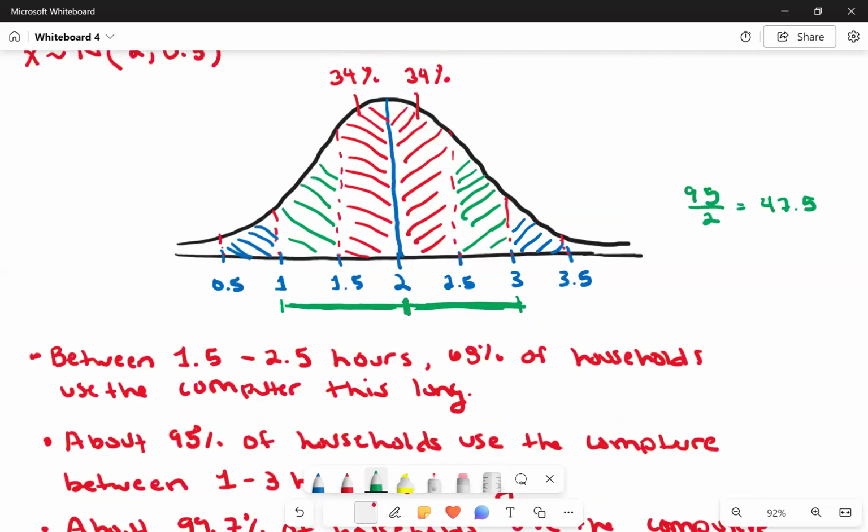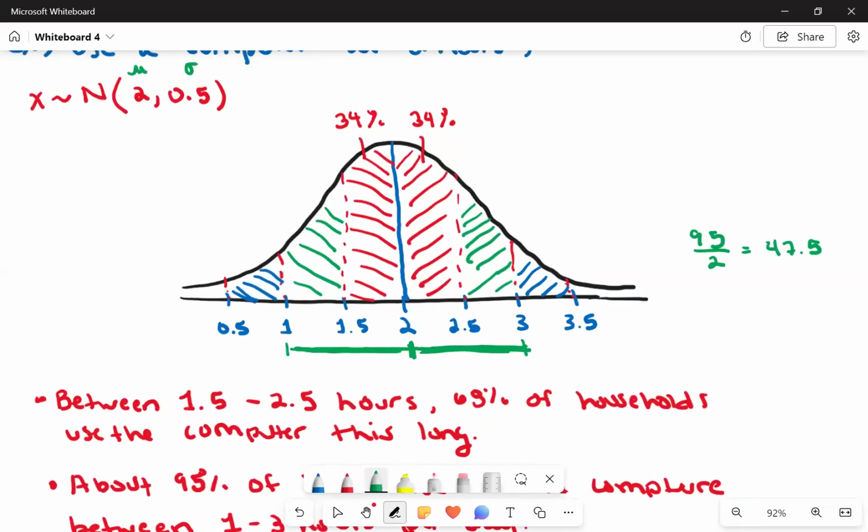But 34% is already accounted for in the little red area here. So if I want to figure out how much is left over, I would need to take 47.5 and subtract 34. So 47.5 minus 34 gives me 13.5.